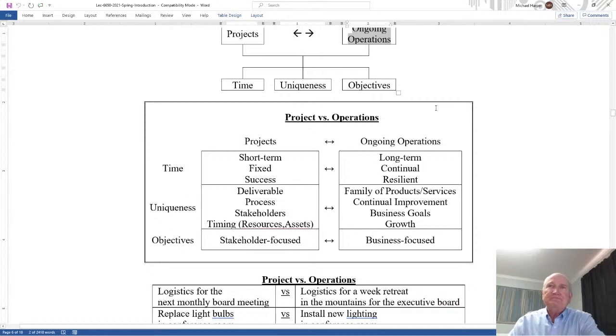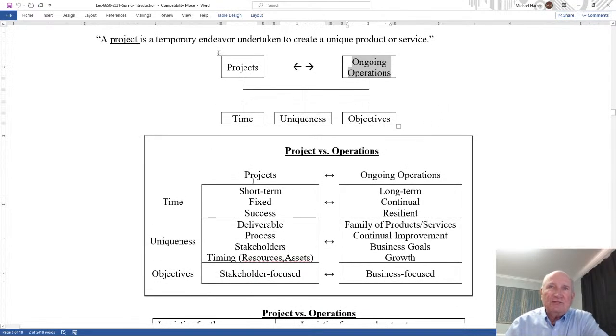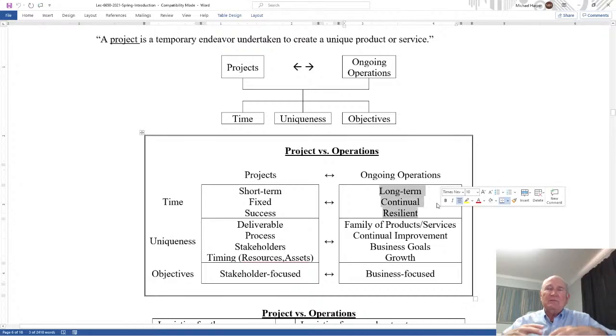Okay, for example, projects versus operations. A project is short-term, fixed time, and success is dependent on satisfying the project. Ongoing operations is long-term, it's continual, and the objectives over time are going to be resilient.